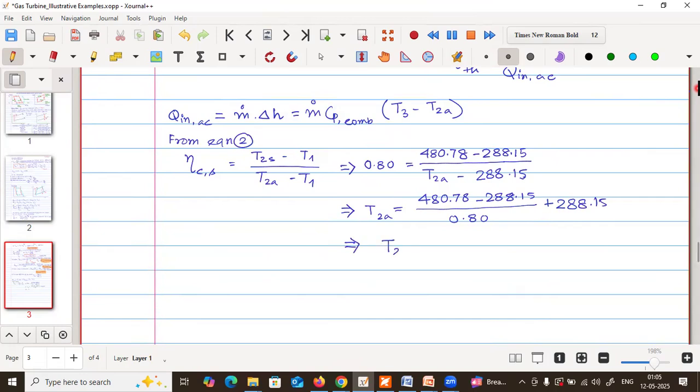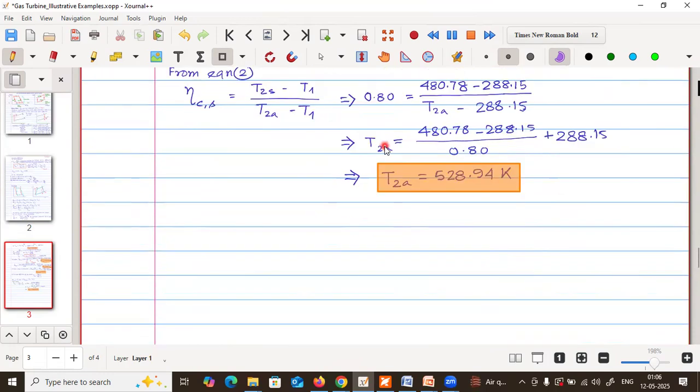And here we get T2A is equal to 528.94 Kelvin. Okay, T2A we have got, therefore here T3 is known, T2A is known, and other quantities are known, therefore we can determine what Q is.